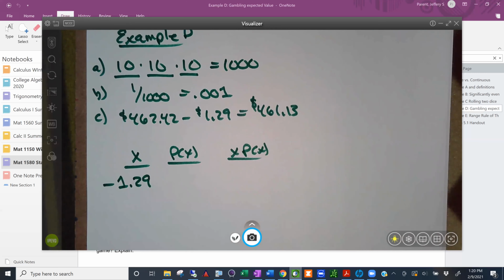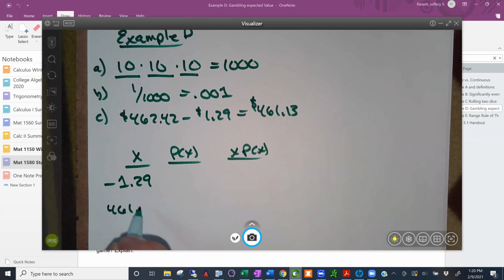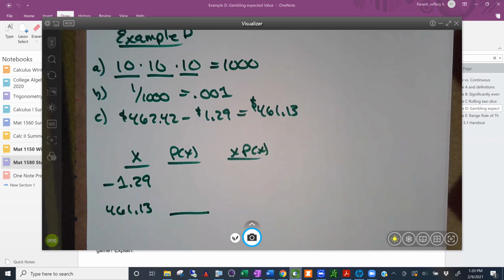The other possibility is you could win $461.13. Let's work on the probabilities here. Someone tell me what the probability of this random variable is.